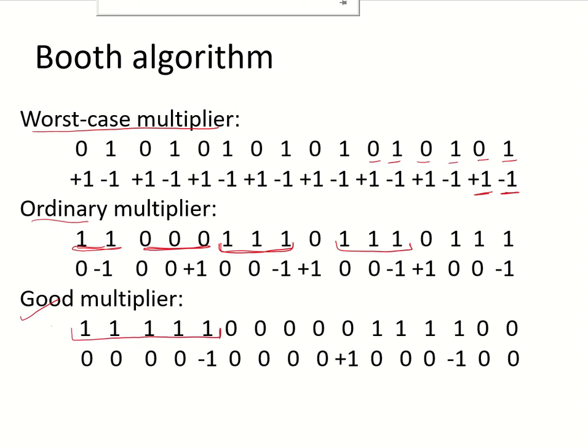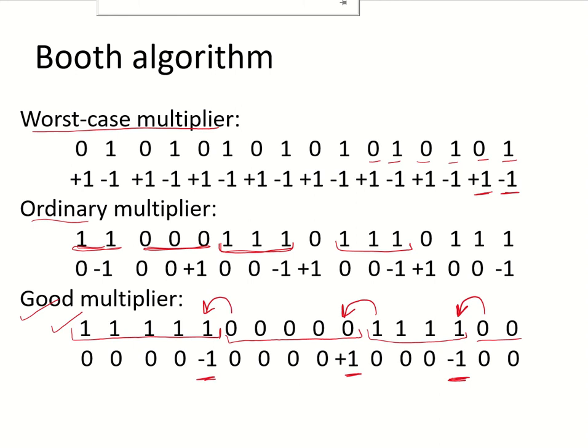So this is a run of 5 ones, this is again a run of 5 zeros, again a run of 4 ones and then 2 zeros. So how many changes are actually taking place? A change is taking place over here from 0 to 1, so there would be a recoding of minus 1, a change from here to here, so plus 1, a change over here, so minus 1.